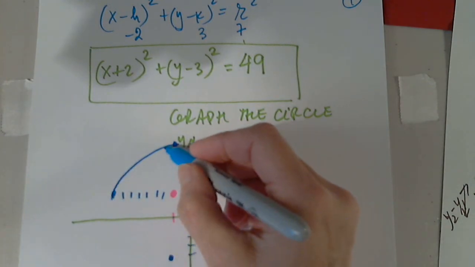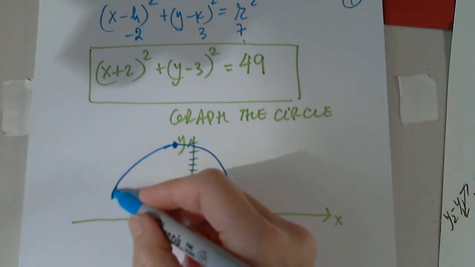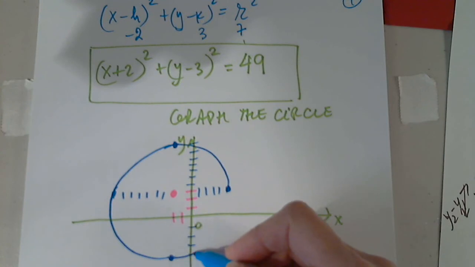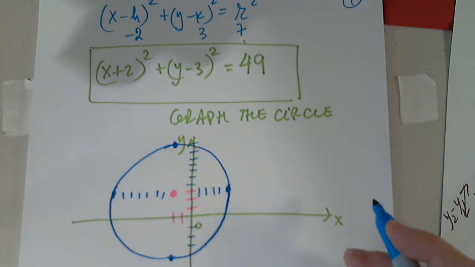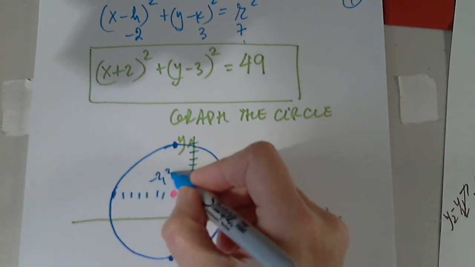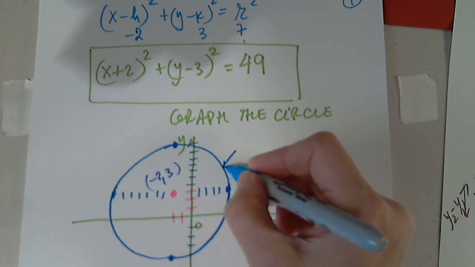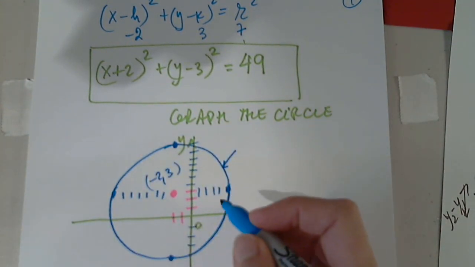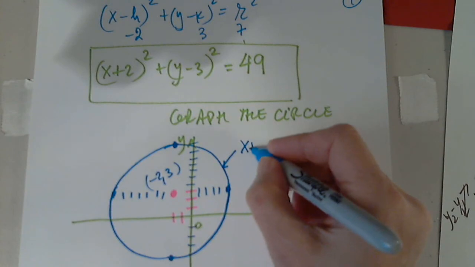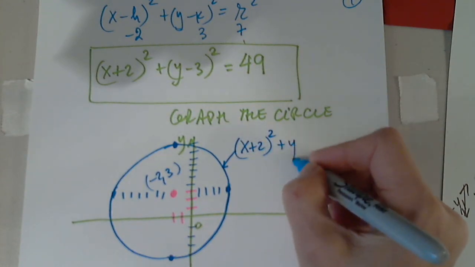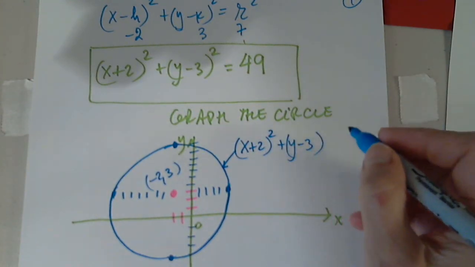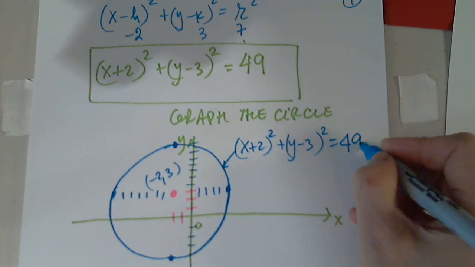Far from it. So this is negative 2 comma 3. And all points on this circle must verify the equation x plus 2 squared plus y minus 3 squared equals 49, and they will.